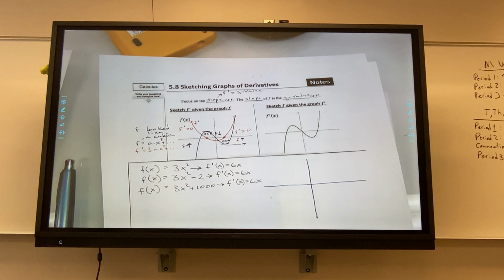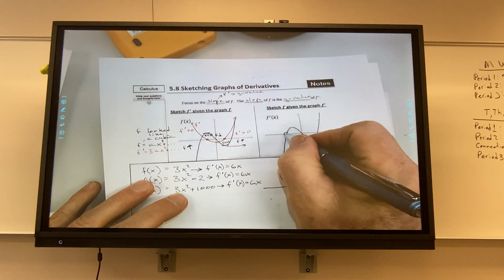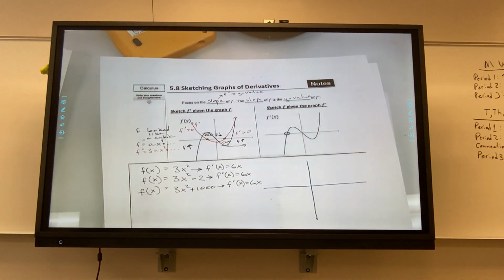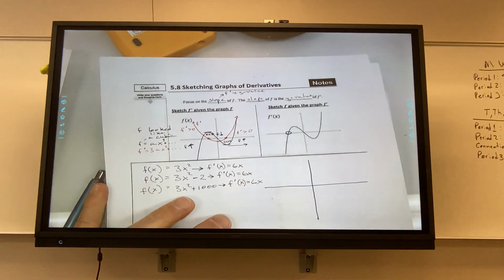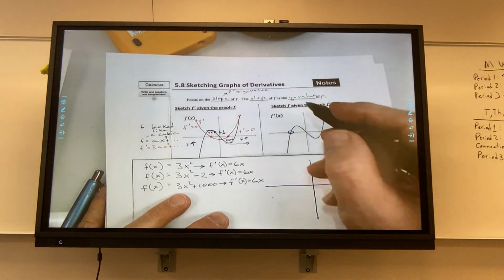All right, now, what are the important things on this? This right here is important. Remember, this is the derivative, correct? What is that spot exactly? It's a max. What kind of max? A relative max.